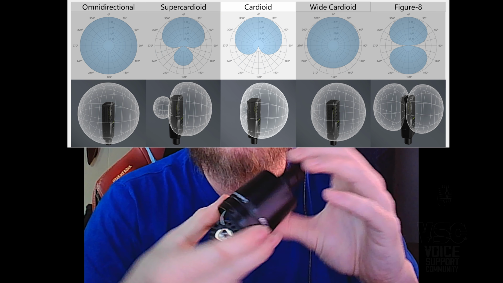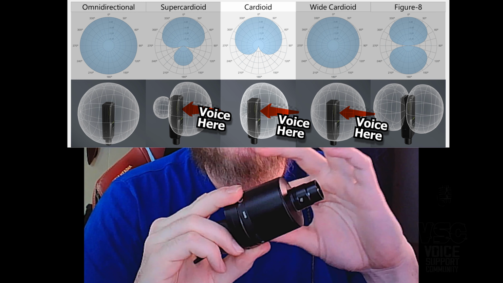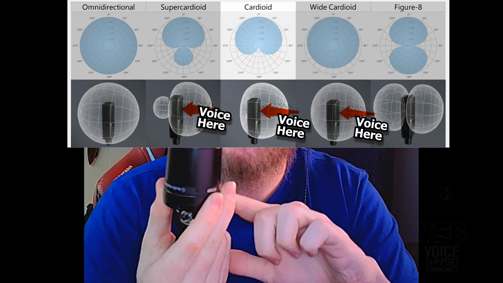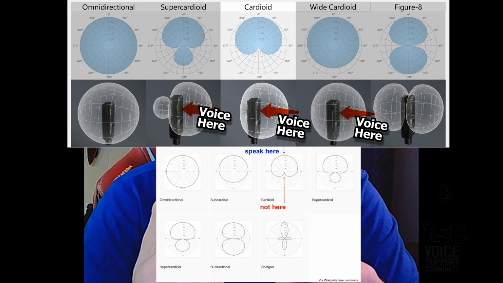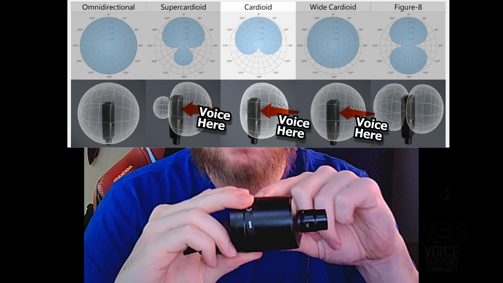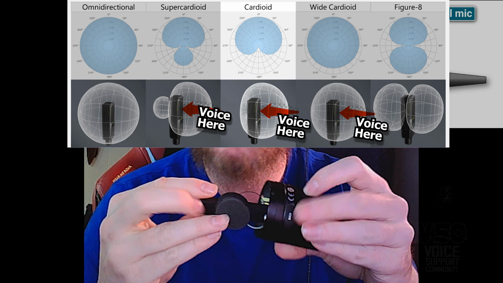If you see that shiny part in there, that shiny part is going to be the back side. Most of your microphones will also be labeled back or front on the actual mic itself. It just depends on the brand you have.